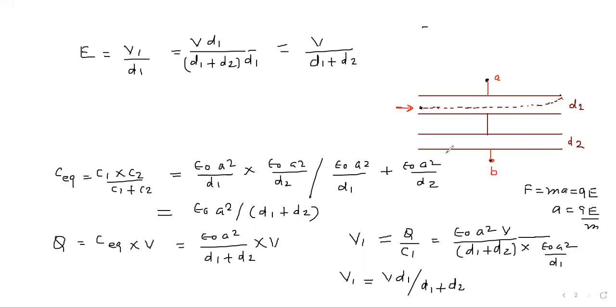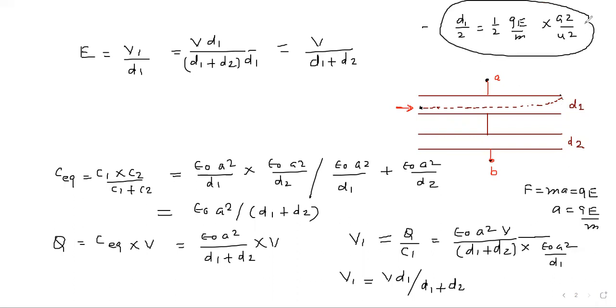Now, we have already got the equation D1 by 2 equal to 1 by 2 QE upon m times A square divided by U square. So we can take help of this equation. We write D1, the 2 will cancel out.